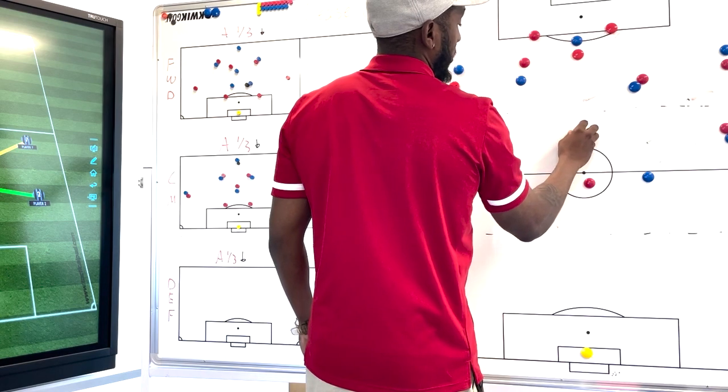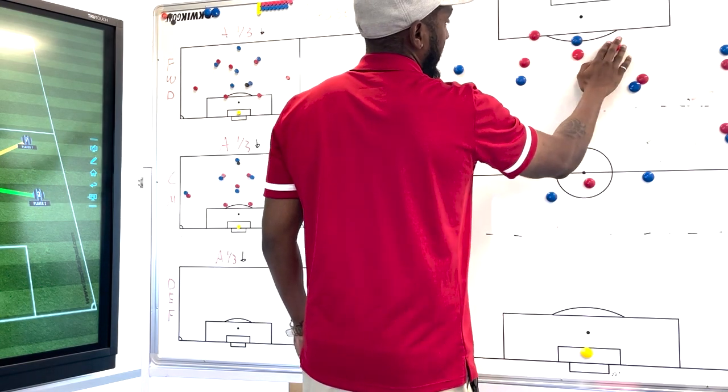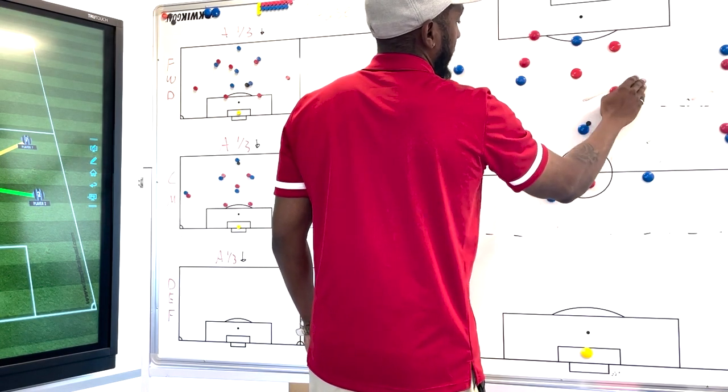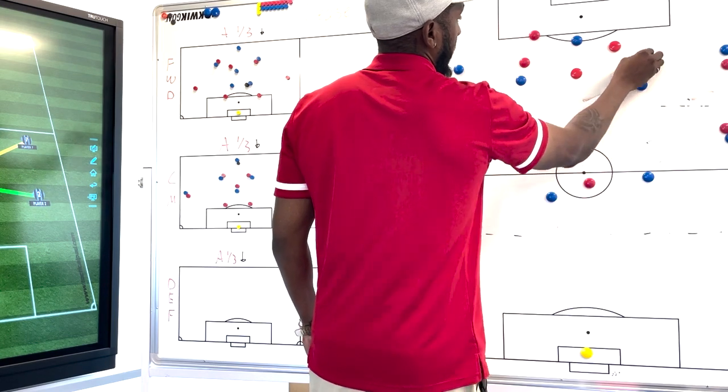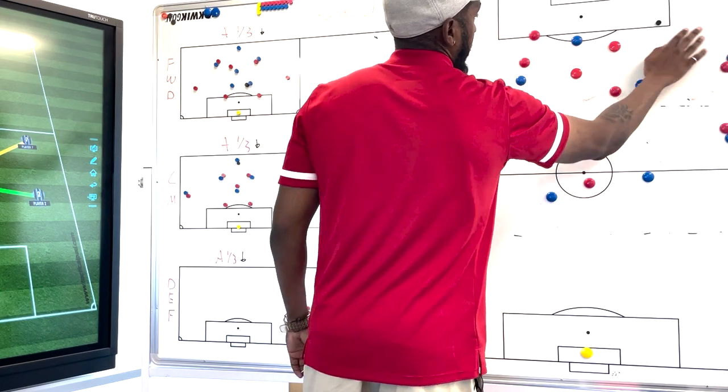However we so choose, dribble, and as he dribbles, maybe something else pops up. They come in, and now we can play that ball in to then find someone else in.